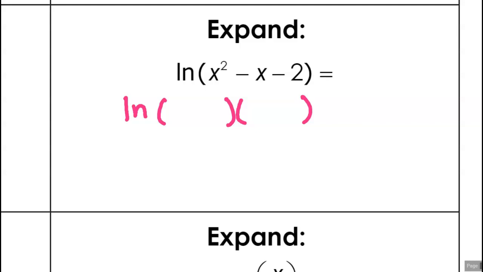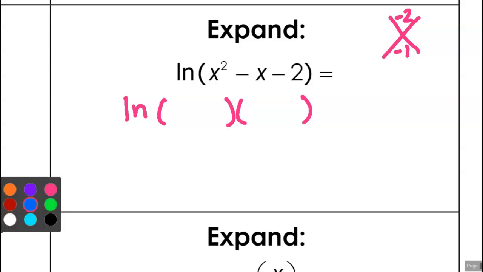Yeah, factor it. Yes, unfortunately, we are going to have to factor in this event. Or fortunately, if you like factoring. So I'm just over here going to draw a little x, and I'm going to put my a times c, which is negative 2, and my b, which is negative 1. What two numbers multiply to be negative 2, but add to be negative 1?